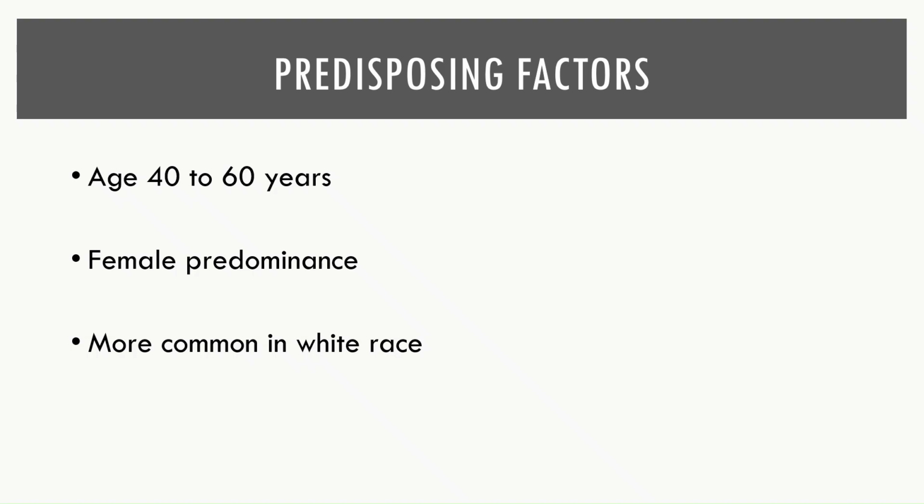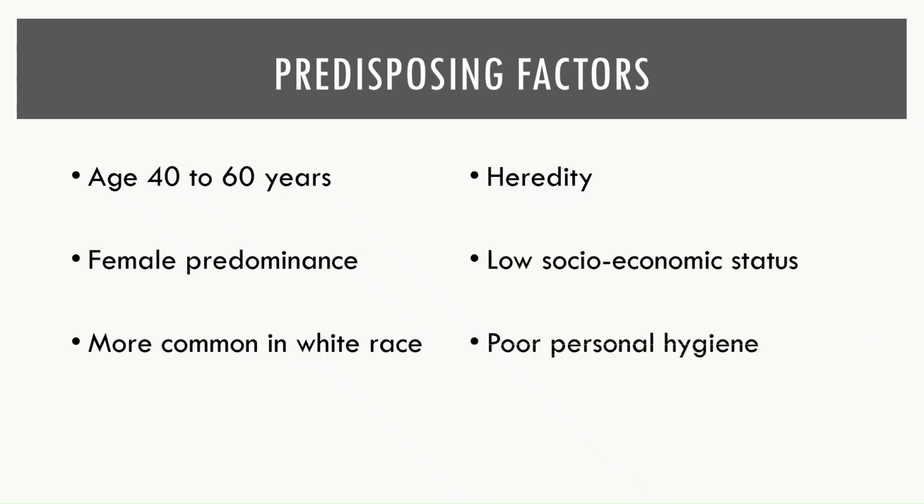It is more common in the white population. Heredity plays an indirect role. It affects the facial configuration and also the length and width of the bony canal. Low socioeconomic status and poor personal hygiene are other important predisposing factors.